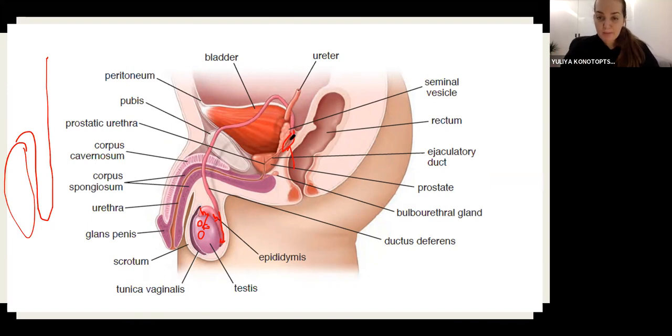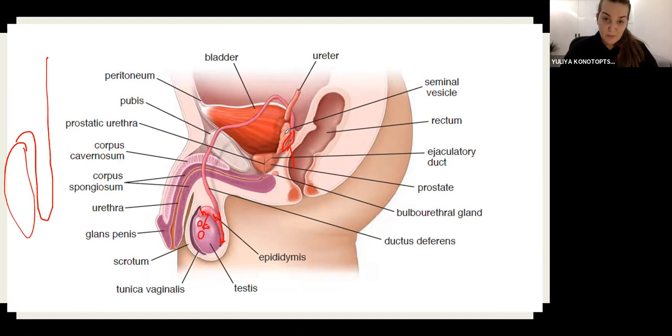As you can see, the ampulla of the vas deferens is located right next to a structure called the seminal vesicle. So the two structures are in the same area, right? Both of them are behind your bladder.